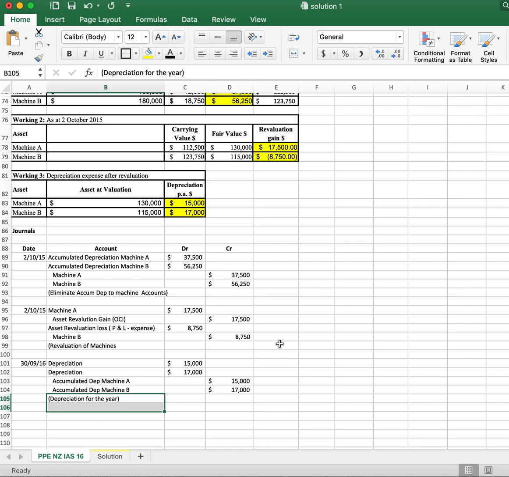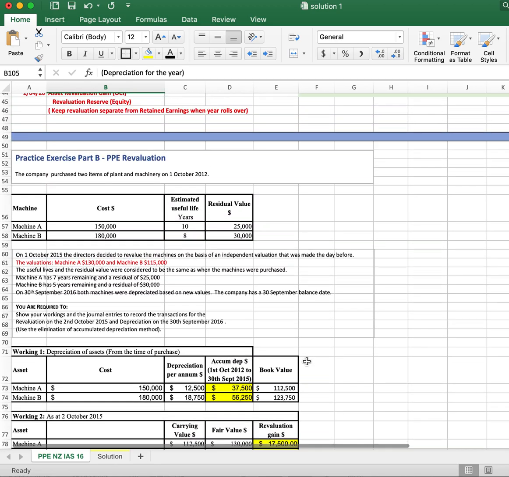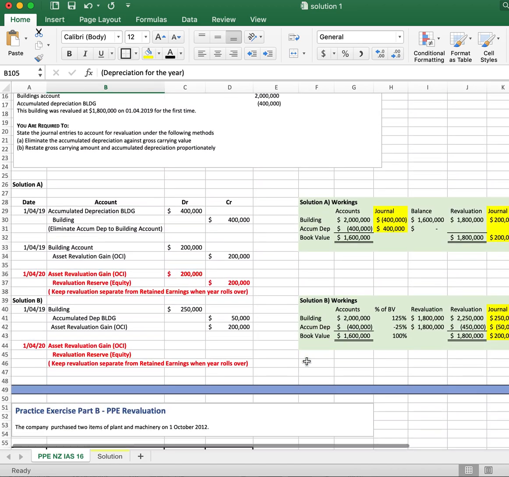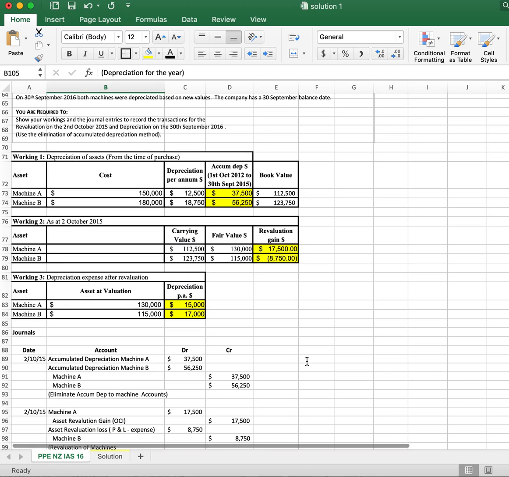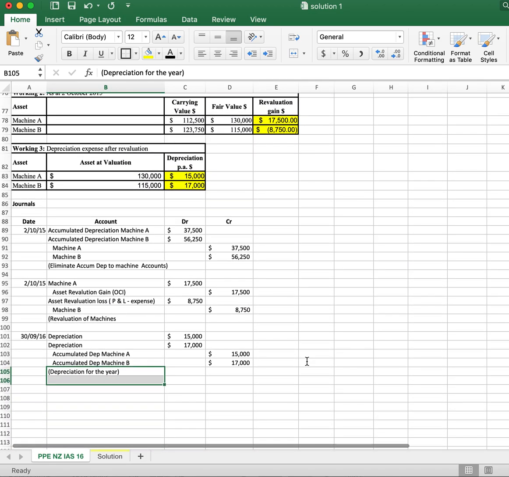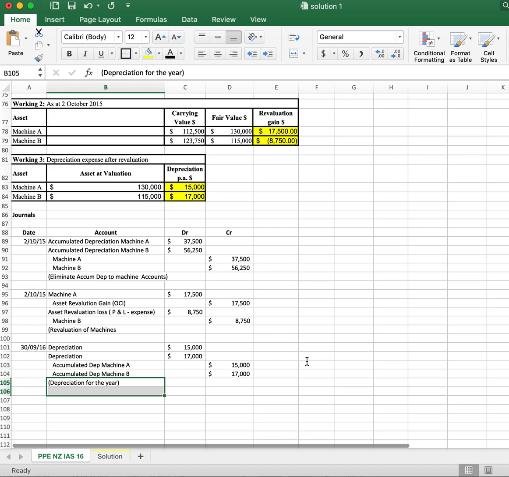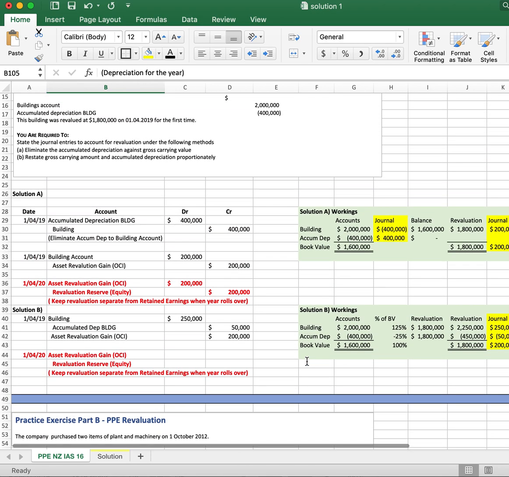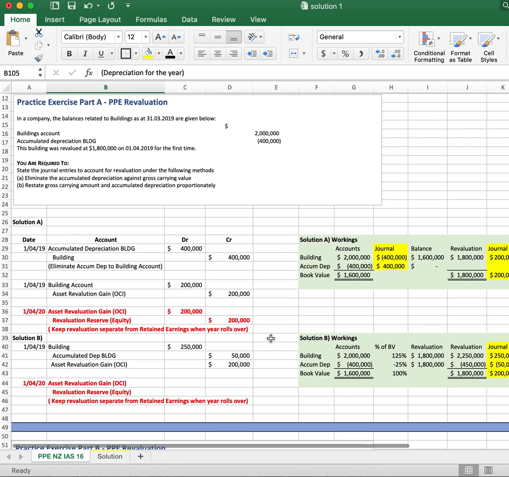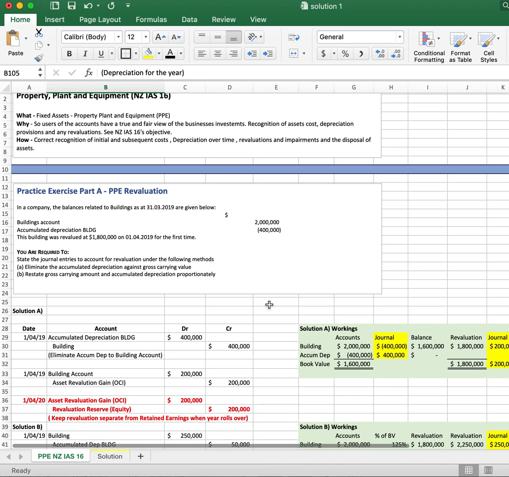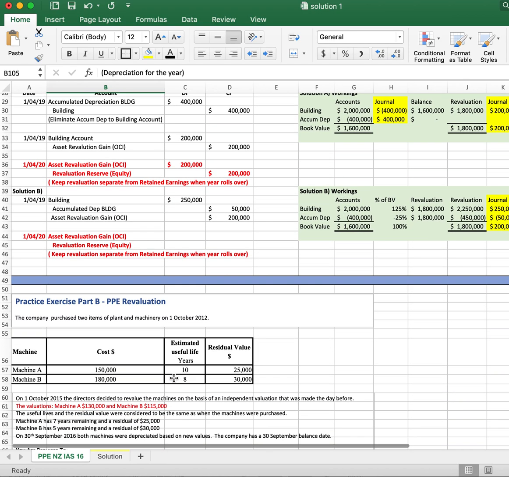So this is the sort of exercise that you'll need to be able to do during the exam. As I say, I'll have templates set up to a degree. You can download the Excel while you're in the test, and you'll need to know what you're doing to be able to fill in the workings and then to actually do the journal.